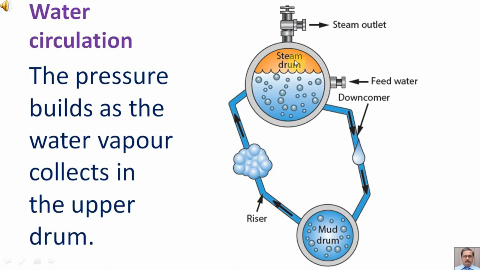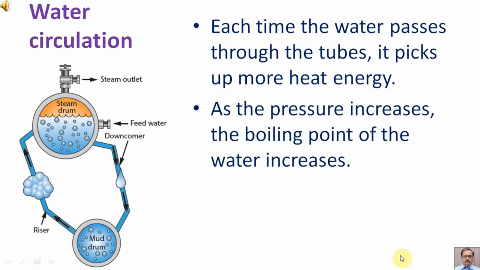The pressure builds as the water vapor collects in the upper drum. Each time the water passes through the tubes, it picks up more heat energy. As the pressure increases, the boiling point of the water increases.